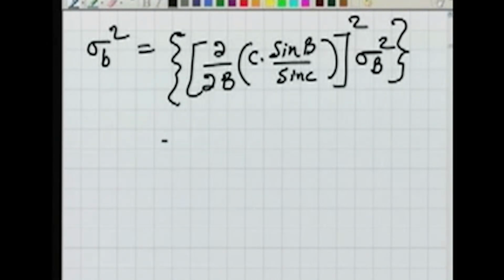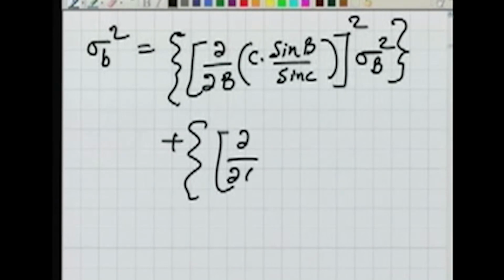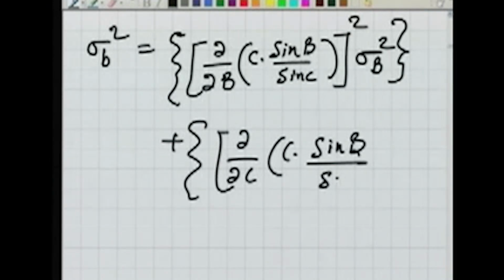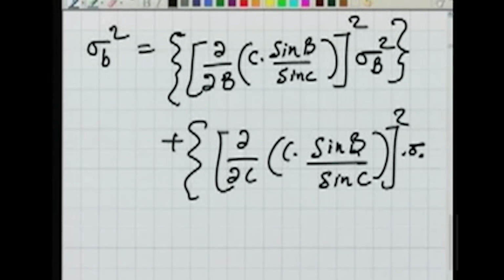That's first, and then for the second one, the partial derivative with respect to C of the function C sine B by sine C, and square of this, and sigma C square.